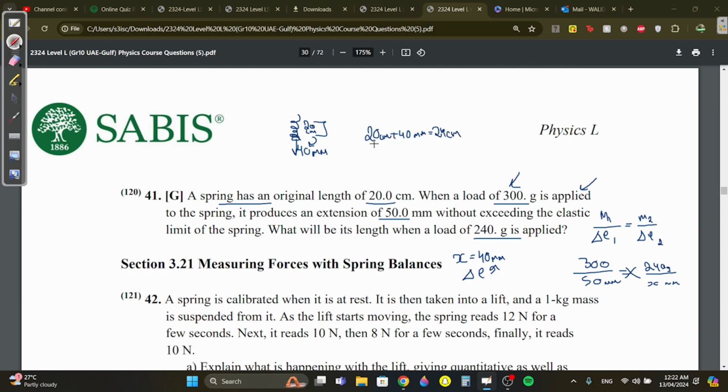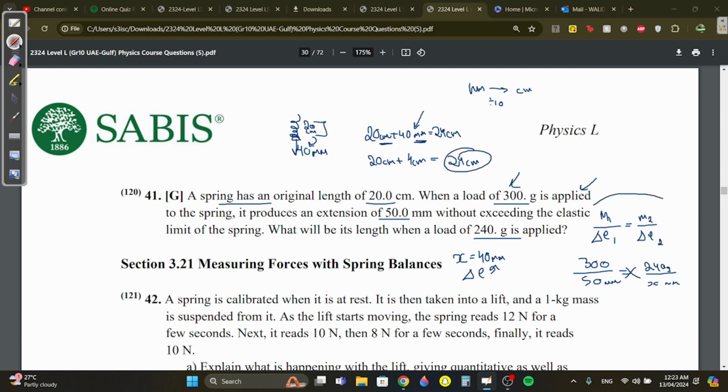Is it 20 plus 40, 60? No, look, it's centimeters here and millimeters here. You can't add centimeters and millimeters. If I convert 40 millimeters to centimeters, it's actually 4 centimeters. So 20 centimeters plus 4 centimeters equals 24 centimeters, because from millimeter to centimeter you divide by 10. So you get your final answer, 24.